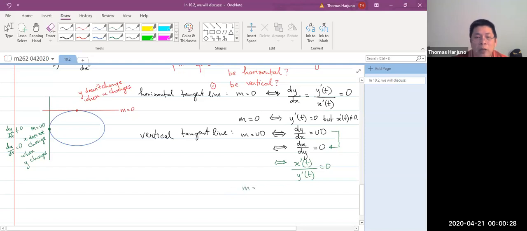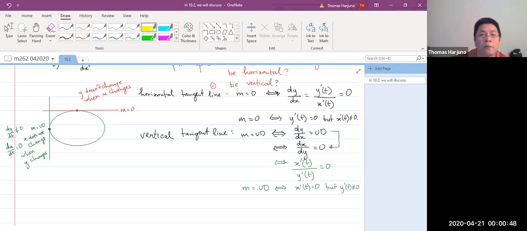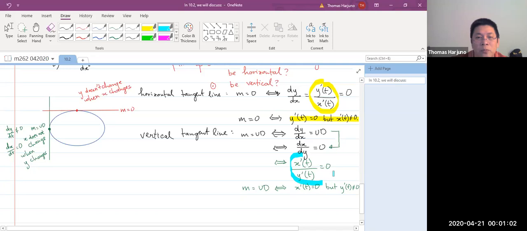Therefore, we can say we have a vertical tangent line when the slope is undefined, and that is when x prime t equals 0, but y prime t is not 0. A very similar logic to what we have up here. So if this quotient equals 0, then the numerator is 0, but the denominator is not. Now, we apply the same idea. This expression equals 0 is when the numerator is 0, but the denominator is not.